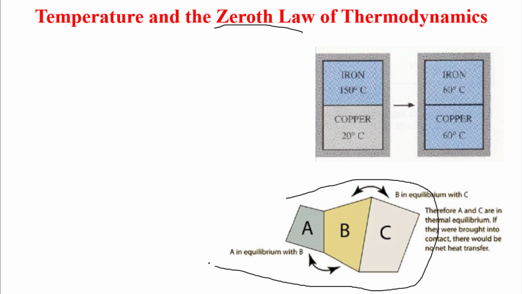Here we have body A, body B, body C. The zeroth law says that if bodies A and B are in thermal equilibrium, and B and C are in thermal equilibrium, that means as a result A and C are also in thermal equilibrium.